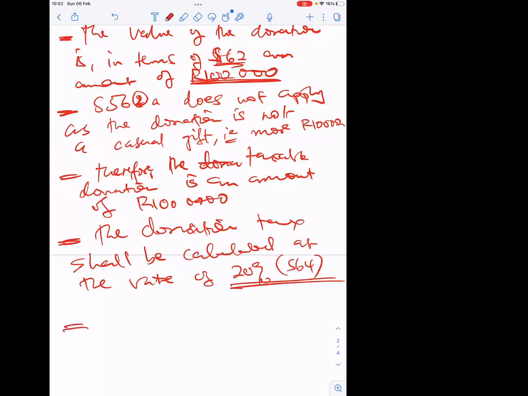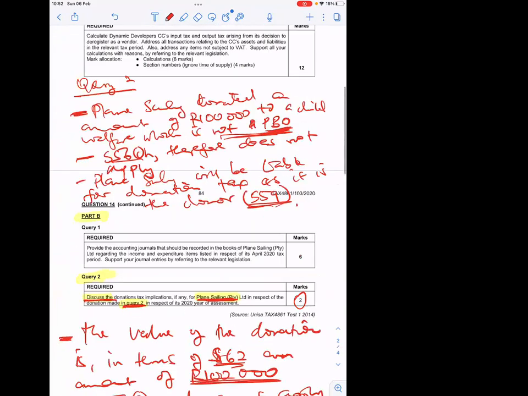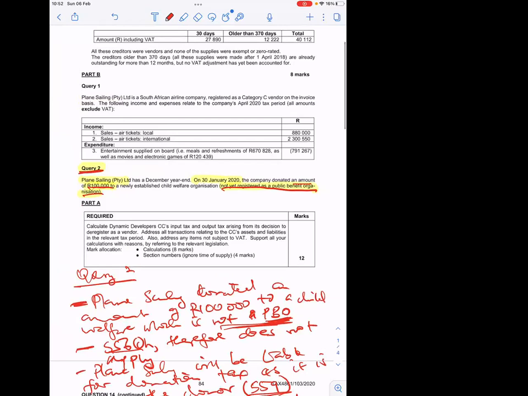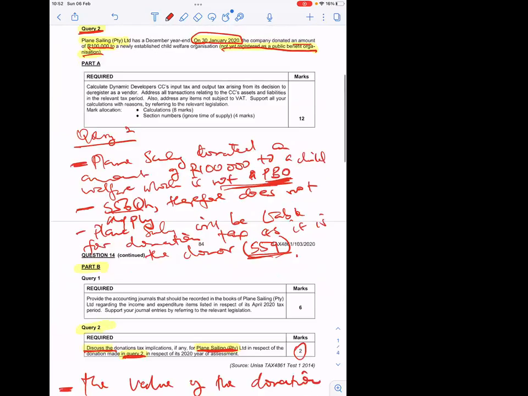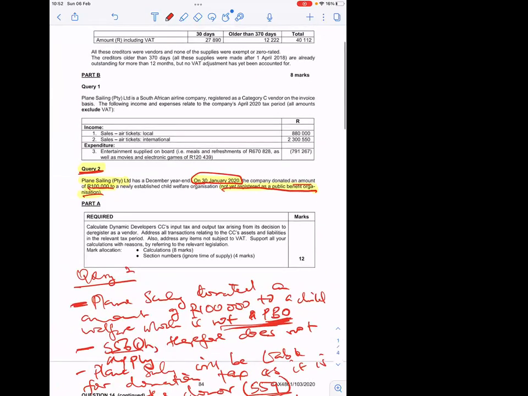What next now? I need to state the payment date. When was this donation made? It was made 30 January. So by when must it be paid over to SARS? 29 February, because this is a leap year. They will consider that. If you say 28, it's a zero. You can't have a CTA student who doesn't see that it's a leap year there.